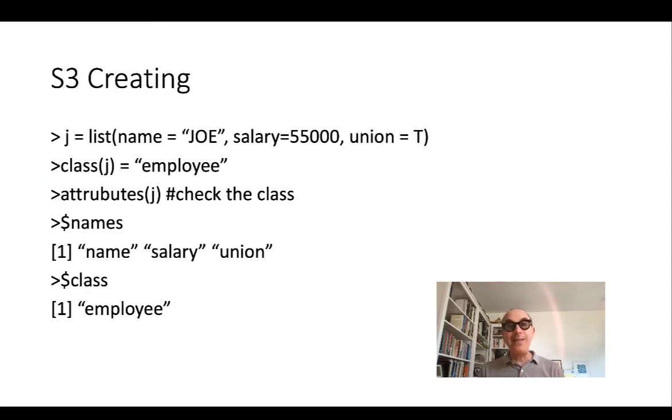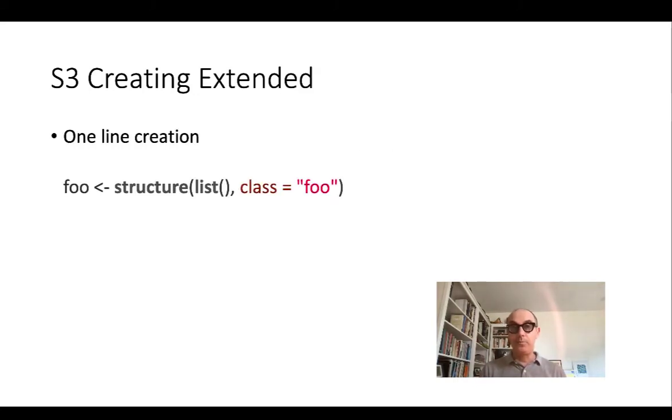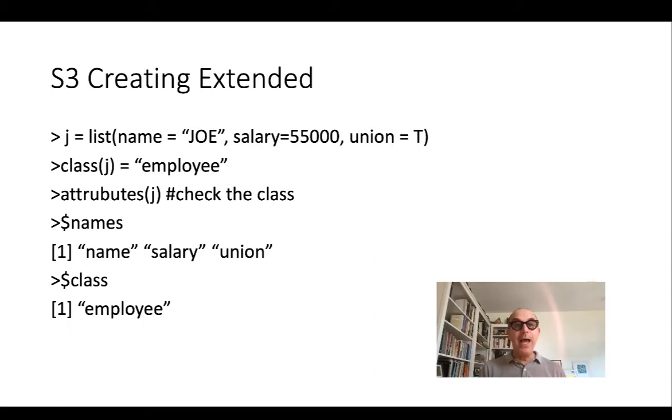In the example from our textbook, he declares what it is and defines it, and gives us attributes with a name. We can have extensions. One line extension, and again the class equals foo, and you will see that the foo basically allowed us to have more attributes. In this case, when I call the S4 class, it will say employee.